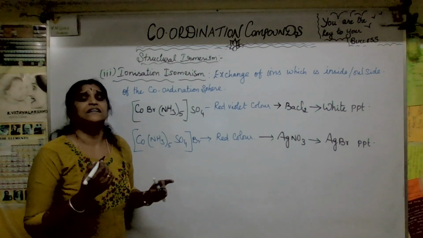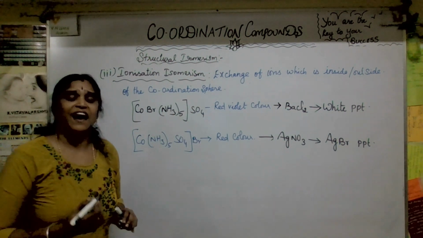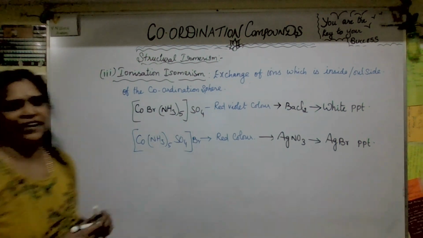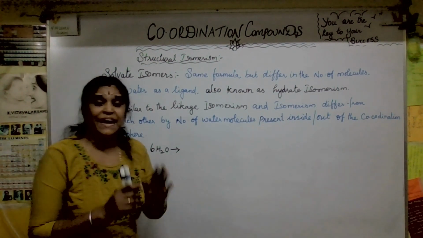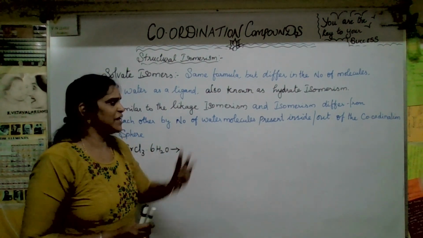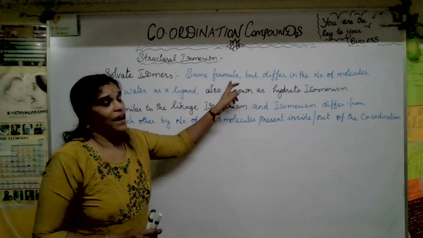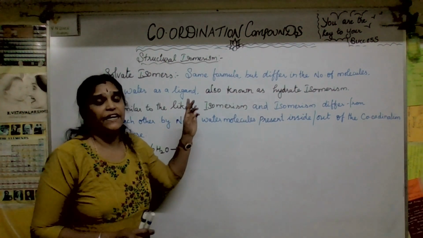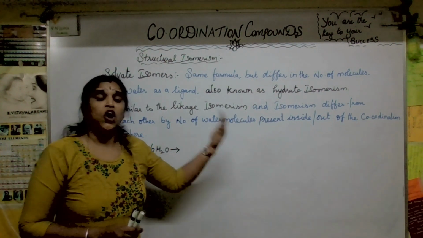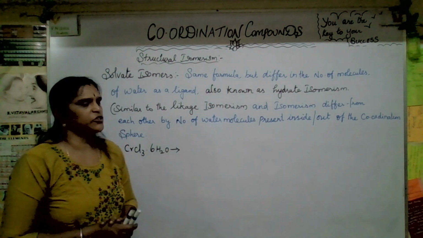The next one, solvate isomerism, which is the last isomerism. The main point is that it involves water molecules only. Same formula but differing in the number of molecules of water as a ligand. So this is also known as hydrate isomerism.